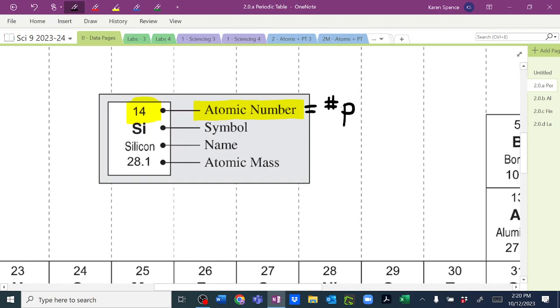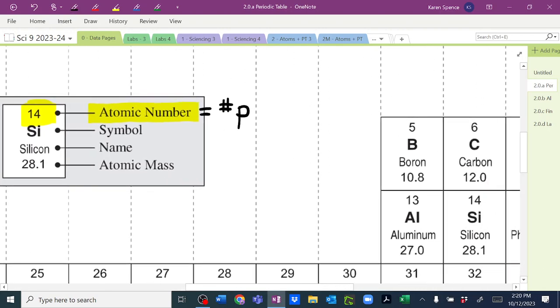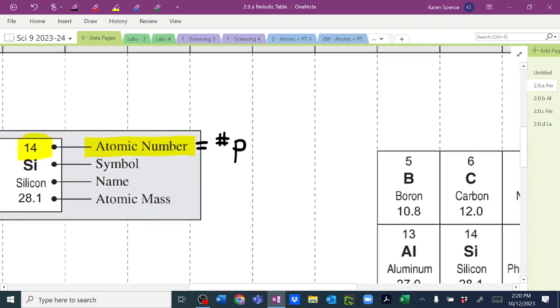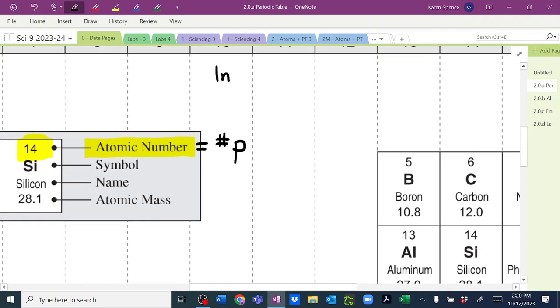Okay? Now, in a neutral atom, so if you're like, how many protons are in argon?